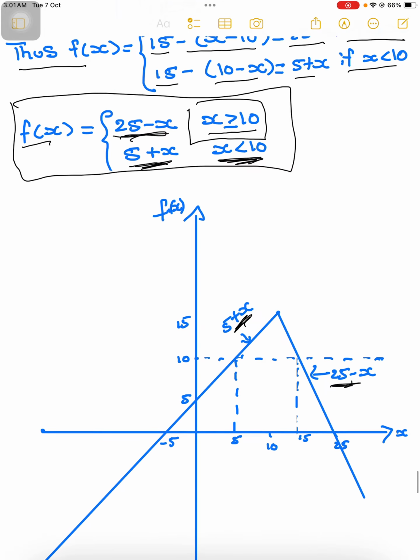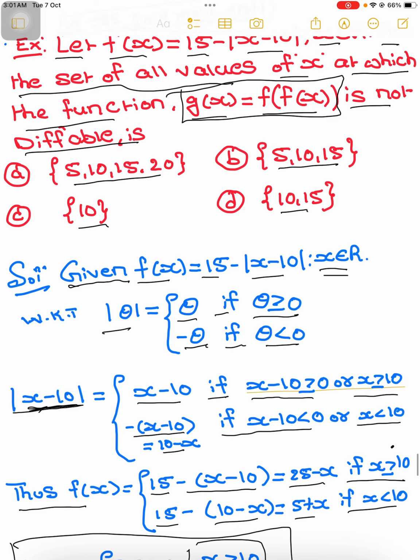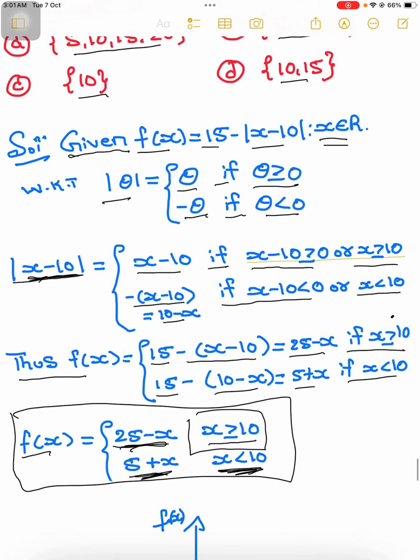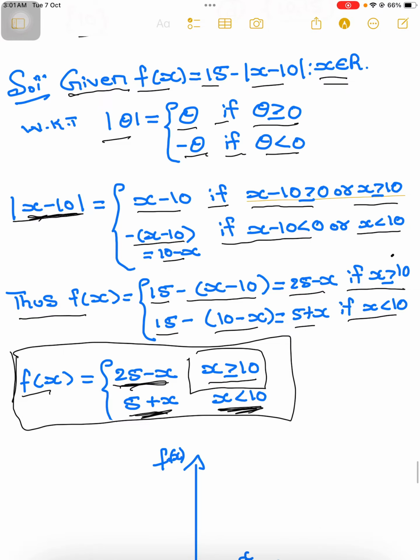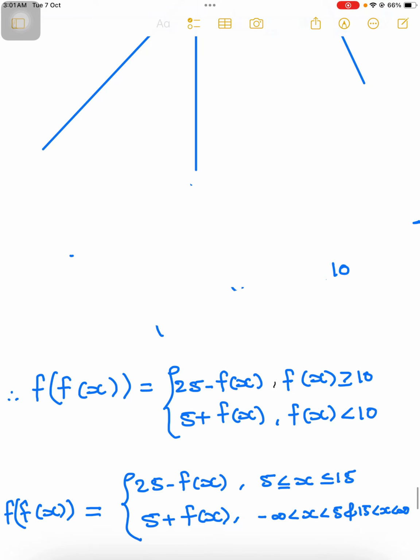Very simple graph. But the important thing is that we have to find the value of f of f of x, which is denoted by g of x, because to calculate f of f of x, first you have to calculate the f of x value. Already we have the f of x value. Now we will calculate f of f of x.